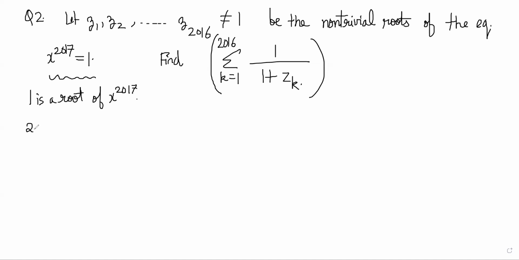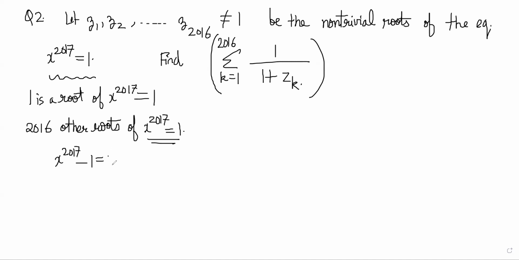The other 2016 roots are also roots of x power 2017 equals 1. And notice that this polynomial, x power 2017 minus 1 equal to 0, has real coefficients.